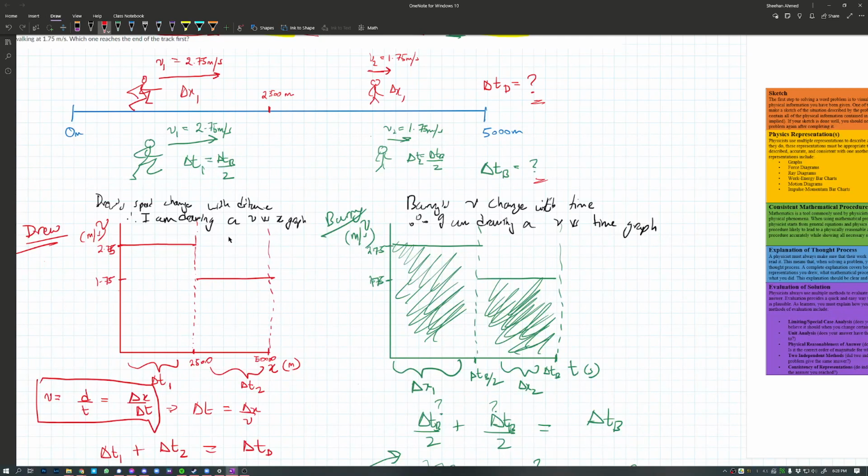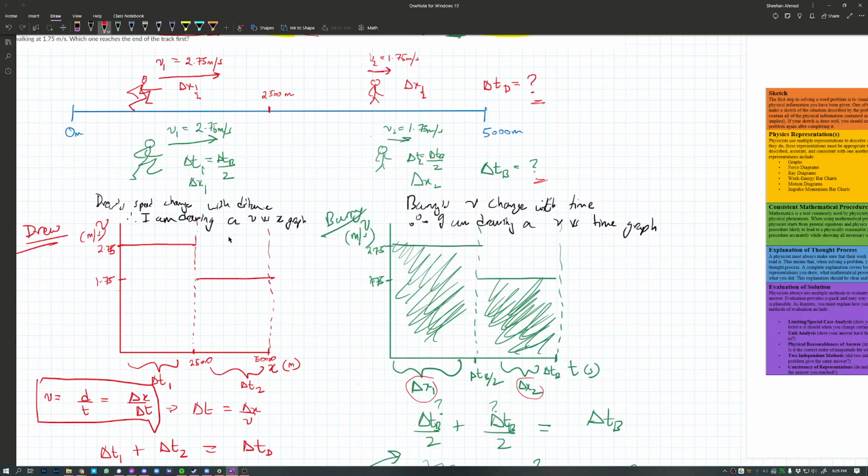Oh, something that's kind of ugly? We use delta x1 and 2 over here too, even though those aren't the same distances. So let me actually label these delta x1 and delta x2, and I should get some different labels for this one. I'll call it delta x half, delta x half, right?